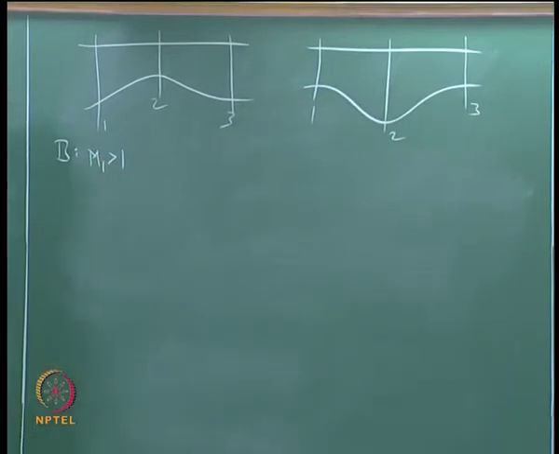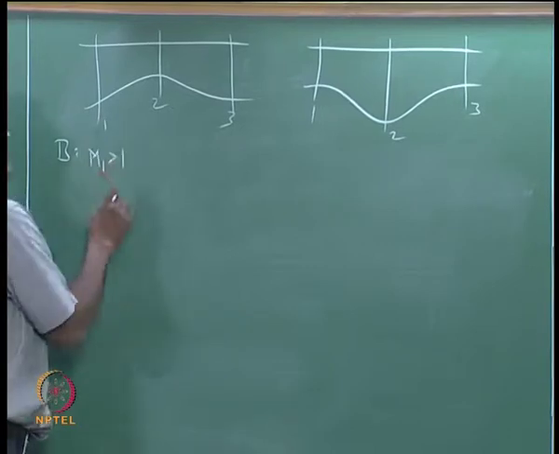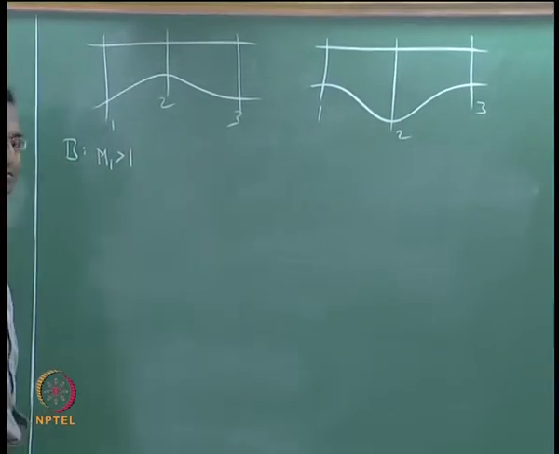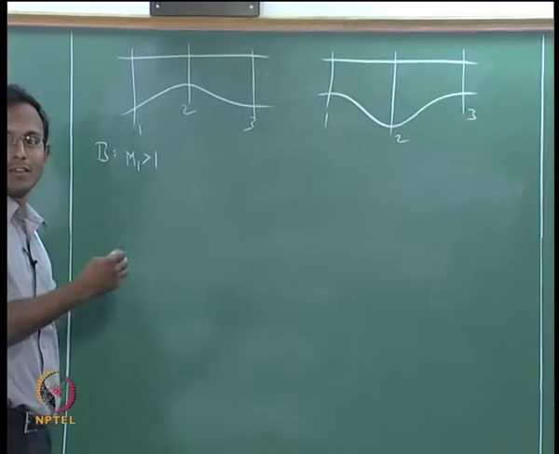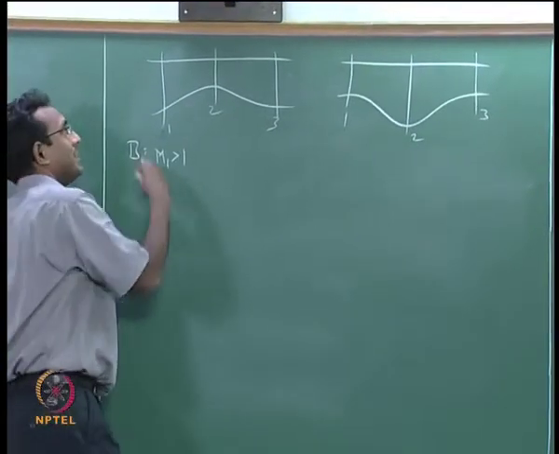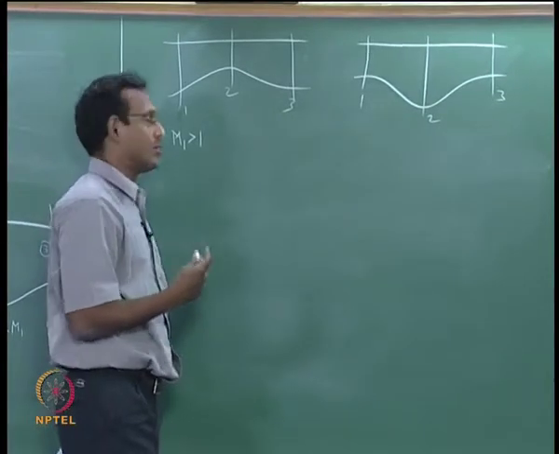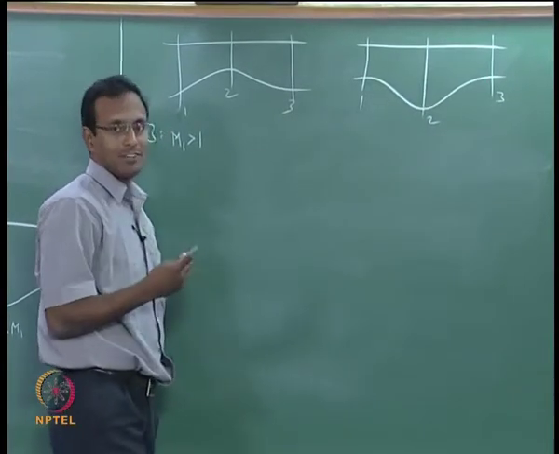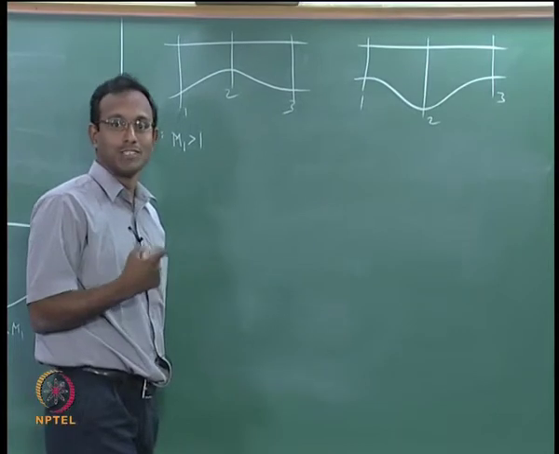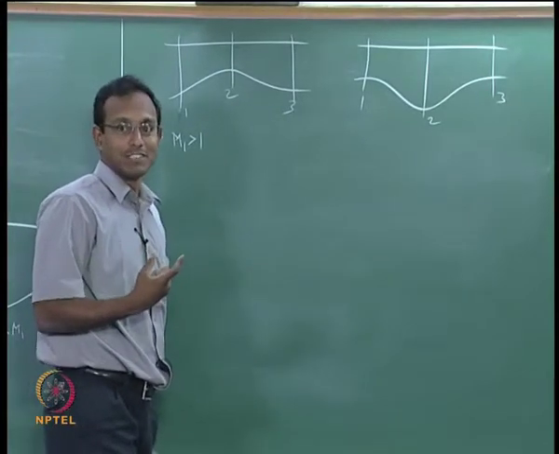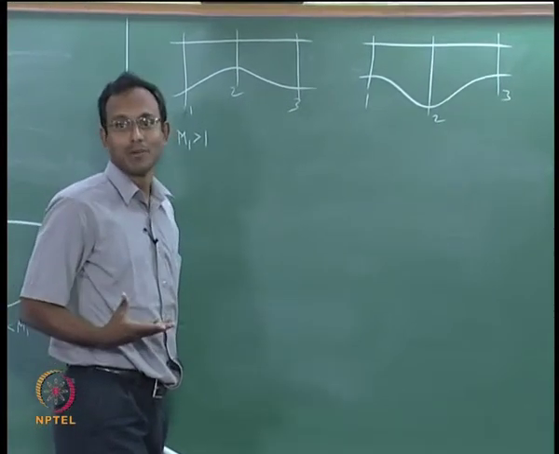I have M1 greater than 1 and I am having a converging duct here. If we look at the table, it is going to go in the direction of Mach number equal to 1. By the way, a simple thing: if it is a converging duct, it is going to go towards M equal to 1. If it is a diverging duct, it is going to go away from M equal to 1.